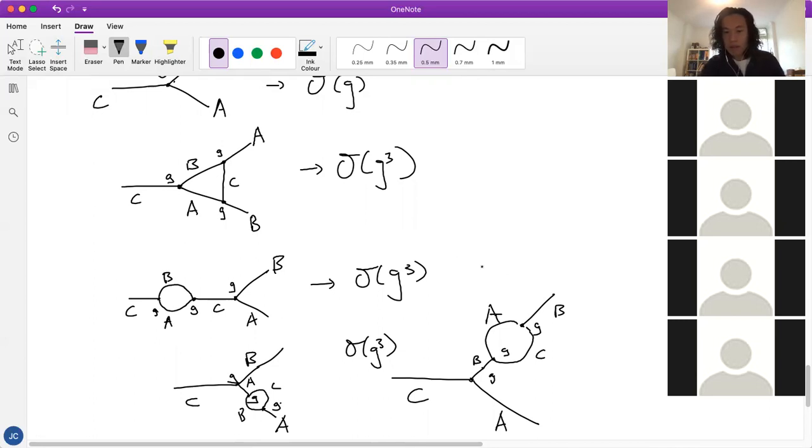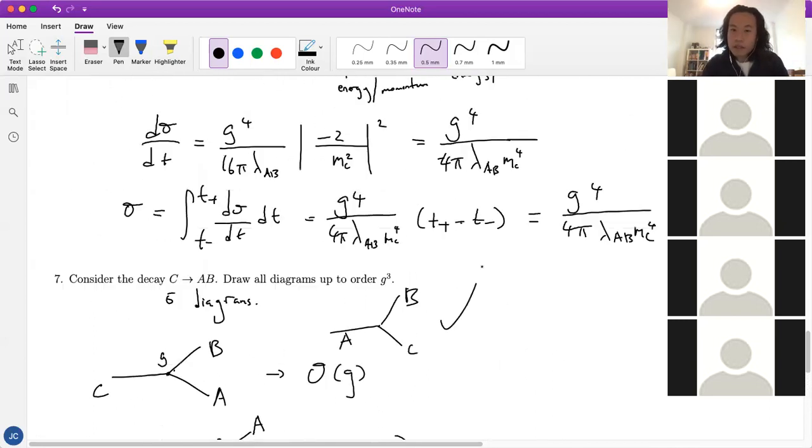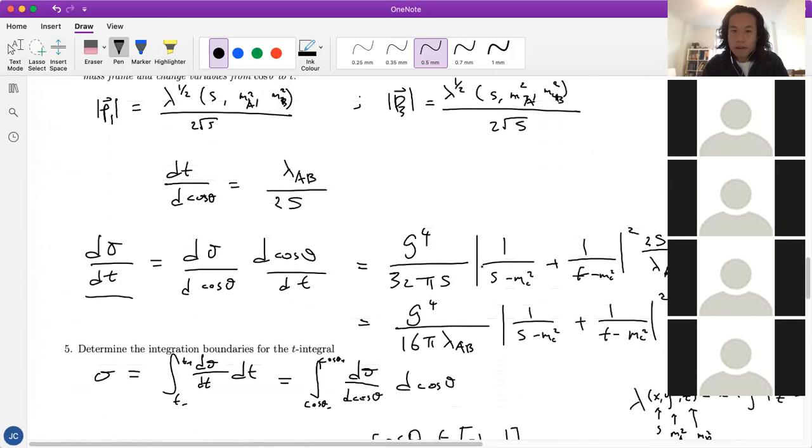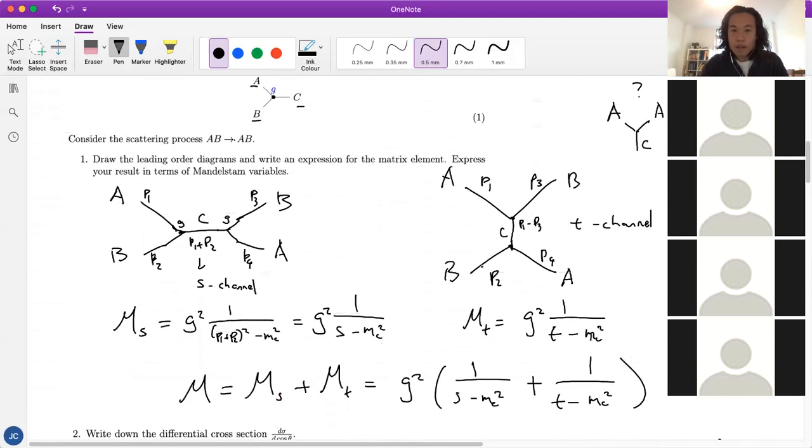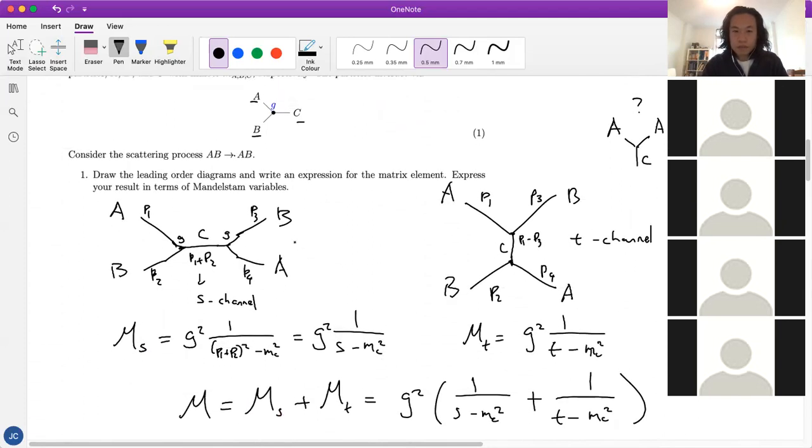This is kind of far back, but how do you know which lines to label P3 and P4? Because if you switched those, like if you got the P3 and P4 for the T channel diagram, wouldn't that then become a U channel diagram? Right.